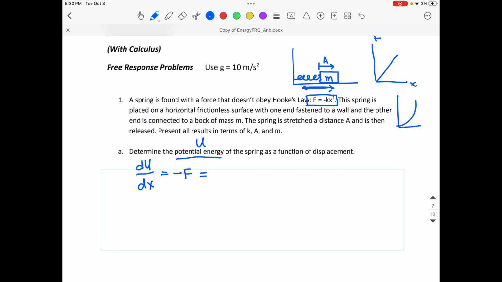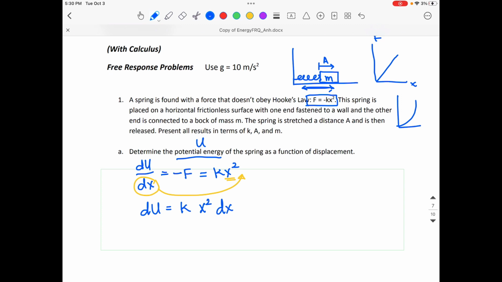So I have a negative kx squared, so that's going to turn this into a positive kx squared. Or if you minus a negative, you could turn it into a positive. And then I am going to take this dx and bring them together, so I'm going to multiply it to the other side, and I get dU is equal to kx squared dx.